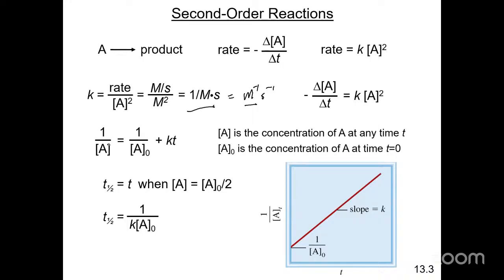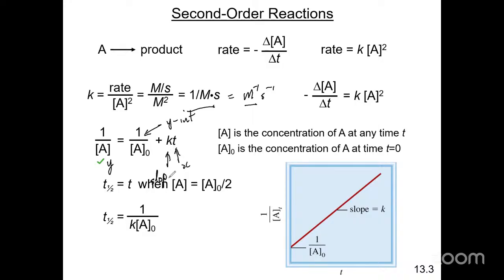So 1 over A, oh shucks, what's going on here? Okay, so this would be the Y value, T would be the X value, this would be the intercept on the Y-axis, and K would be the slope, right?